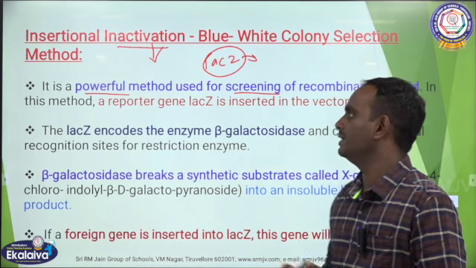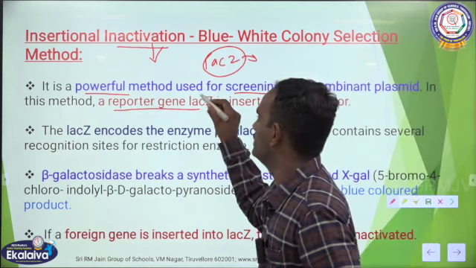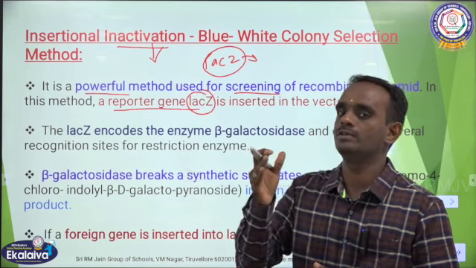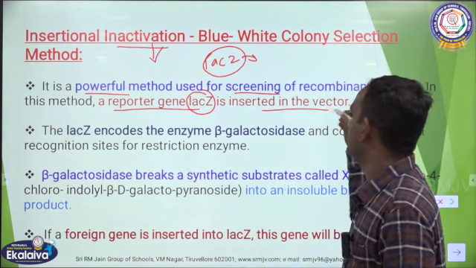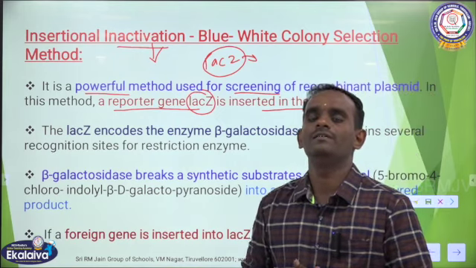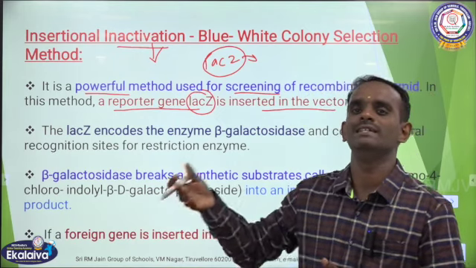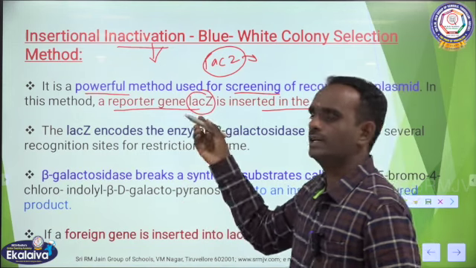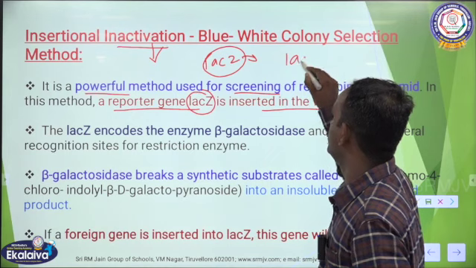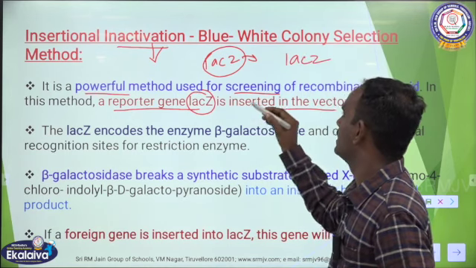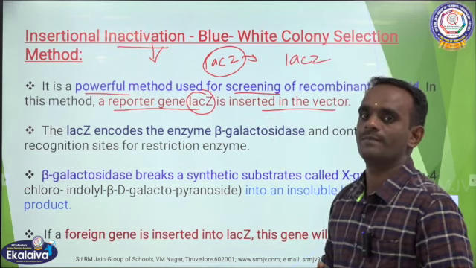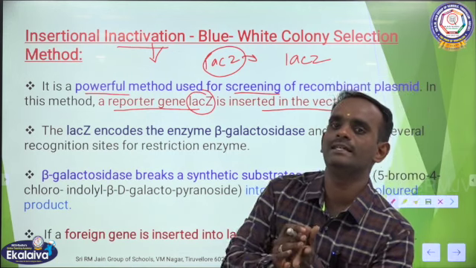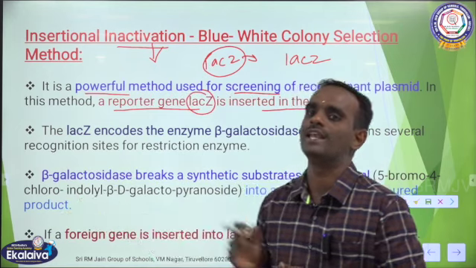In this method, a reporter gene, that is the LacZ gene, is inserted in the vector. You know very well, a vector is a transporting material, for example a plasmid. So the vector containing LacZ enters the host cell.